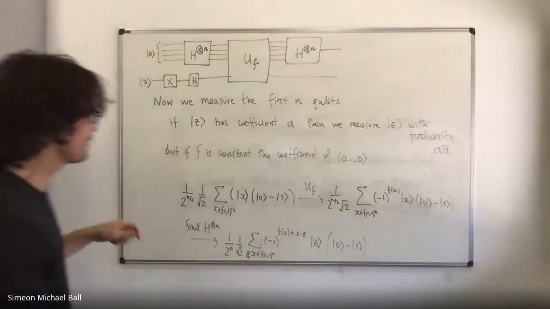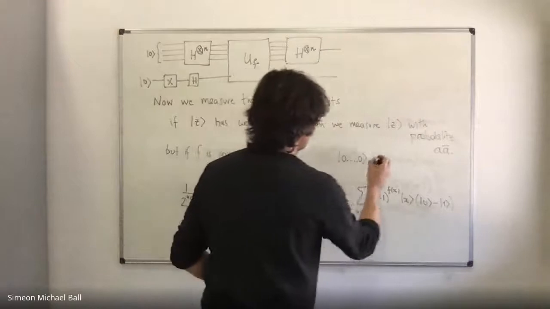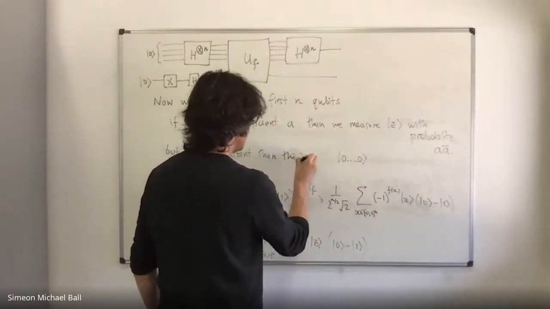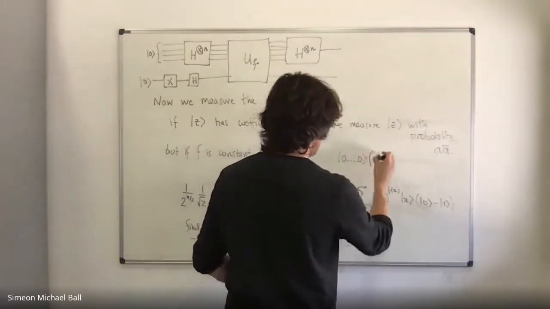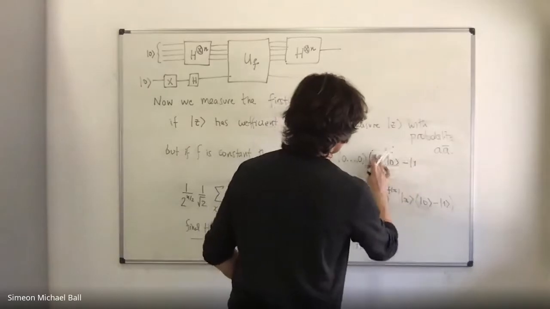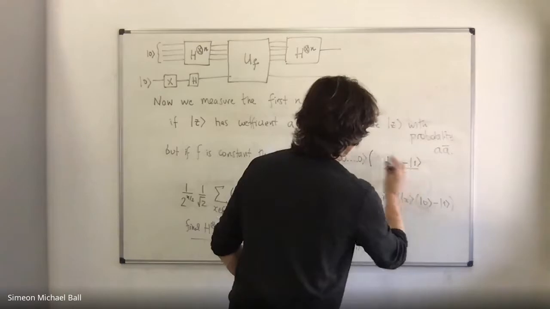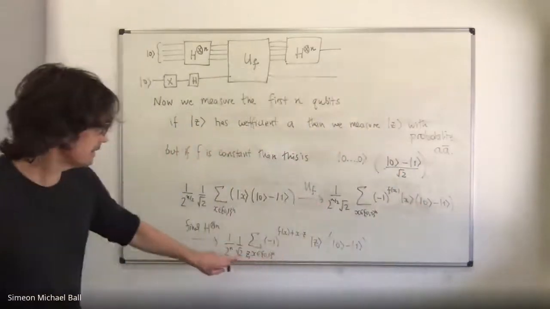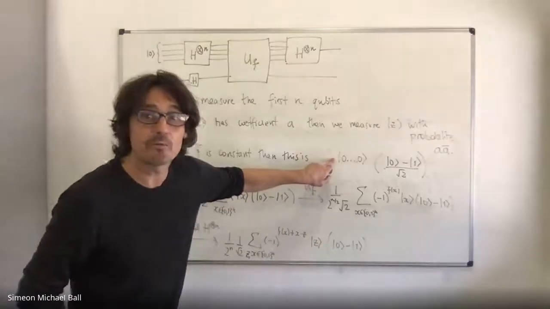So the coefficient of 0, 0, 0 equals 1. Okay, so the only term, so we will get this with a probability of 1.